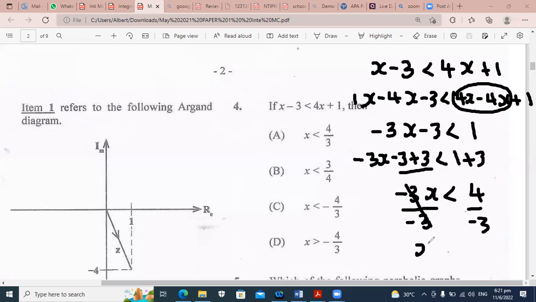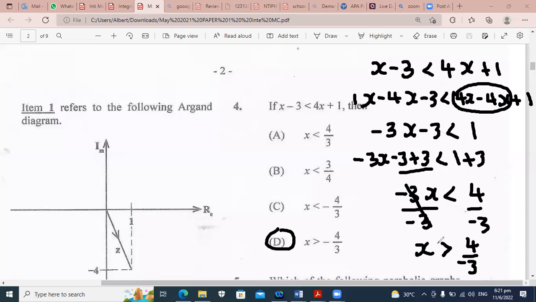And there's going to be a change of sign, not true? Right, so anytime you divide by a negative, the sign changes. Okay? Yes, sir. Right, wonderful.